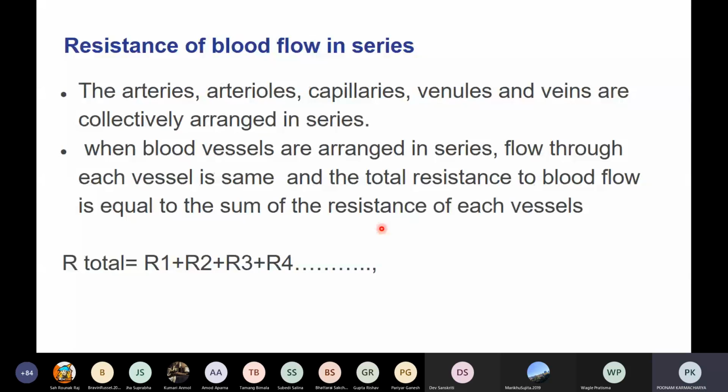Okay, so when we are talking about resistance of blood flow in series, the total resistance is the sum of the individual resistances created by each of the vessels.